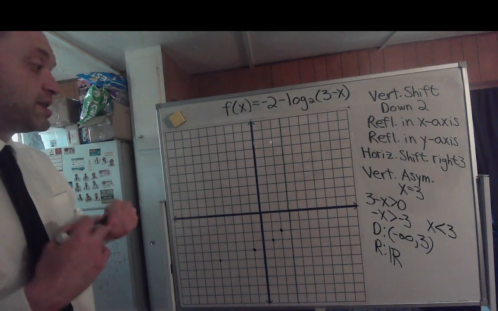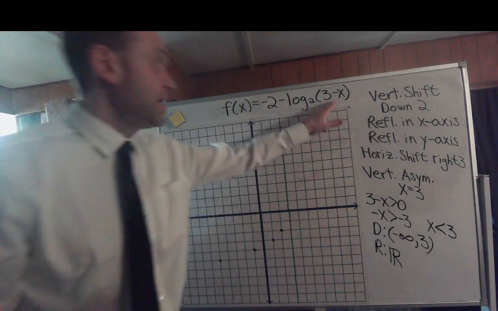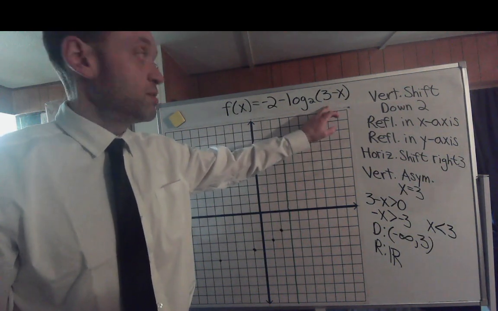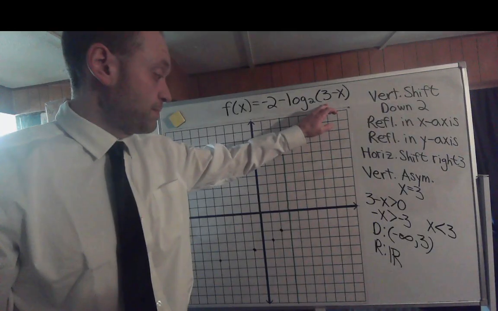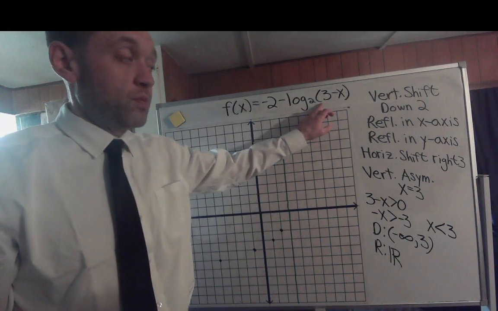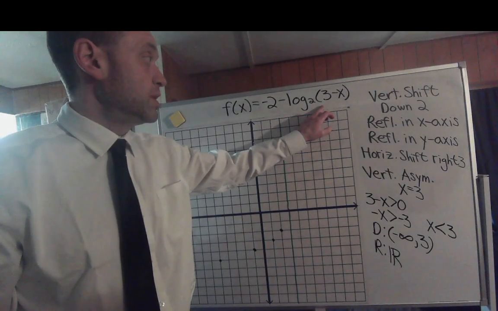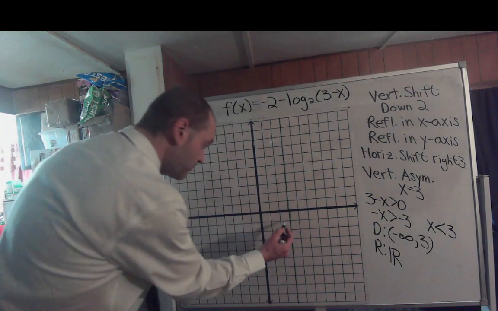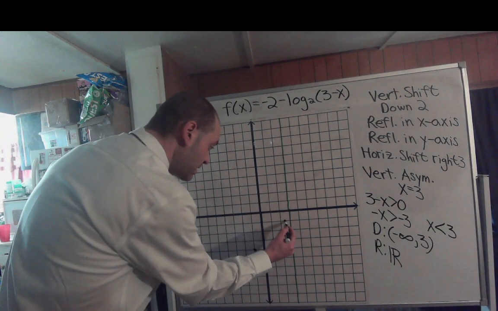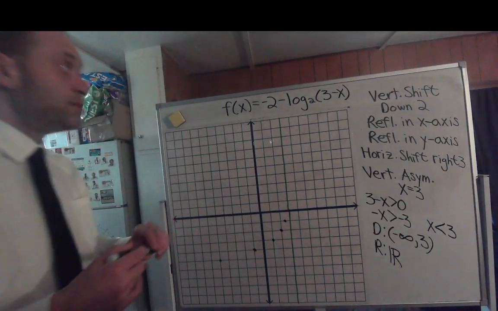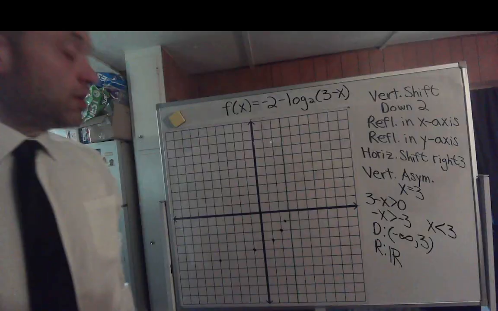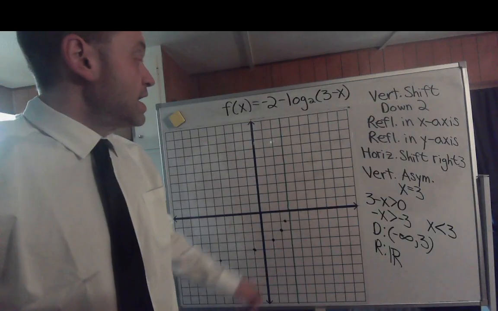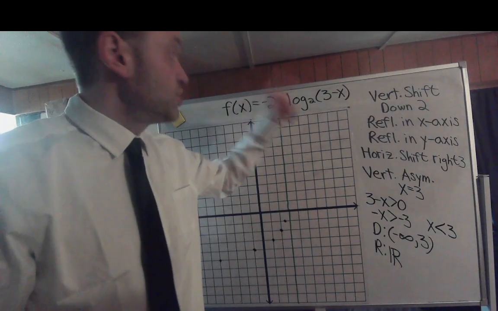Now let's do something interesting. Let's pick 2.5. So 3 minus 2.5 turns into log base 2 of 1/2, which is negative 1. Negative negative 1 is actually positive 1. So negative 2 plus 1 is negative 1. Then let's say I pick, all right, we'll do 2 3/4.